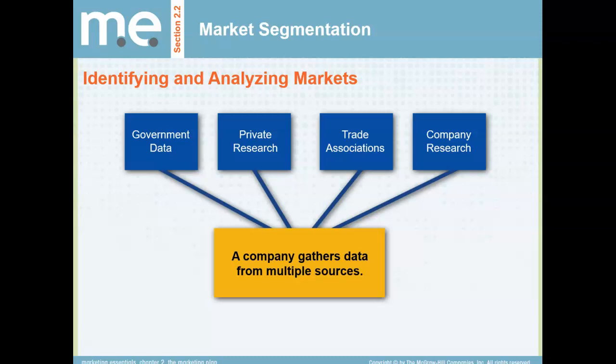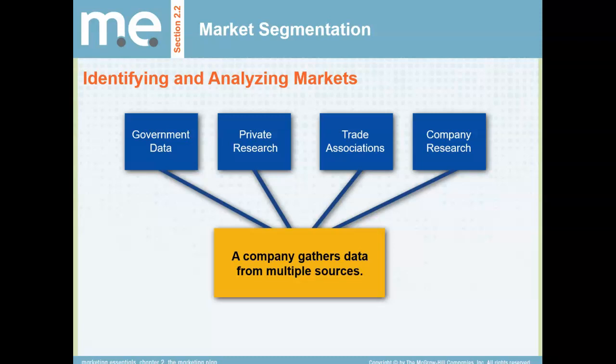So companies will get data from as many places as they can. They'll do their own research, company research. There are trade associations for every industry that survey the people or the companies in that industry to put together data, and sometimes they'll sell it to companies, and that's how they make money.